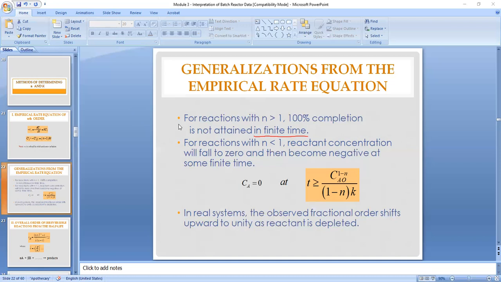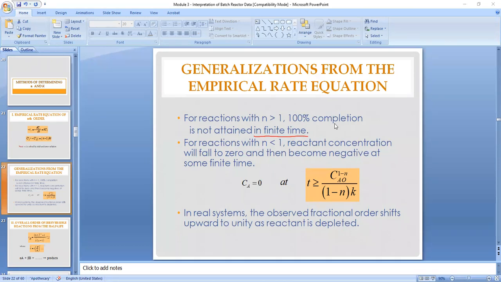For orders greater than 1, like 1.2, 5, 3, 3.5, if the problem asks when the conversion will be 100%, you cannot answer that, even if it's just a simple question of true or false. You cannot determine that definite finite time when the reaction will be 100% completed.